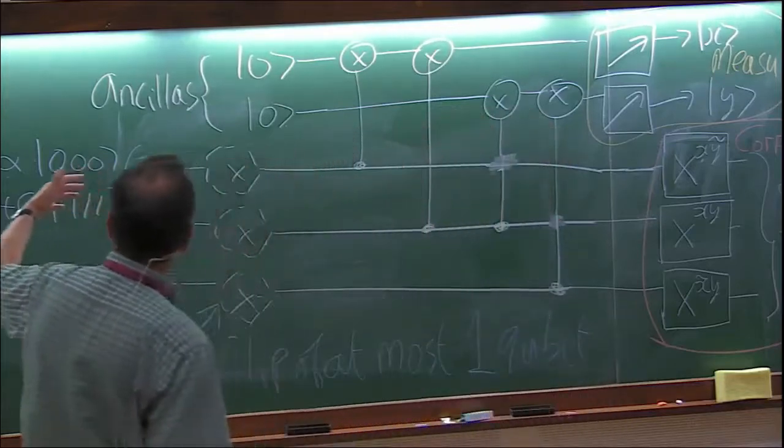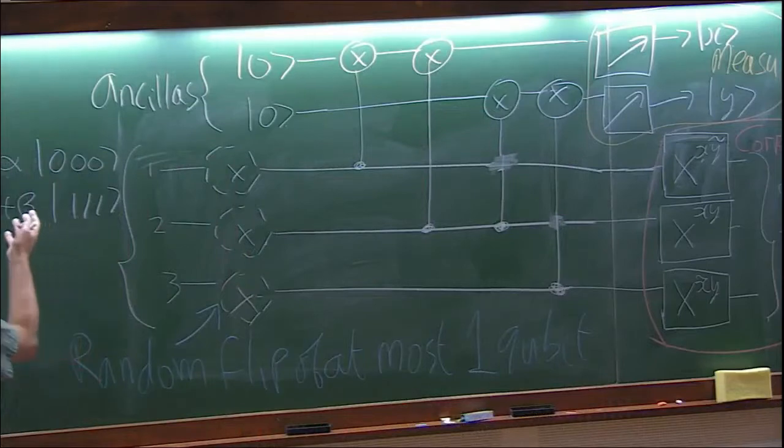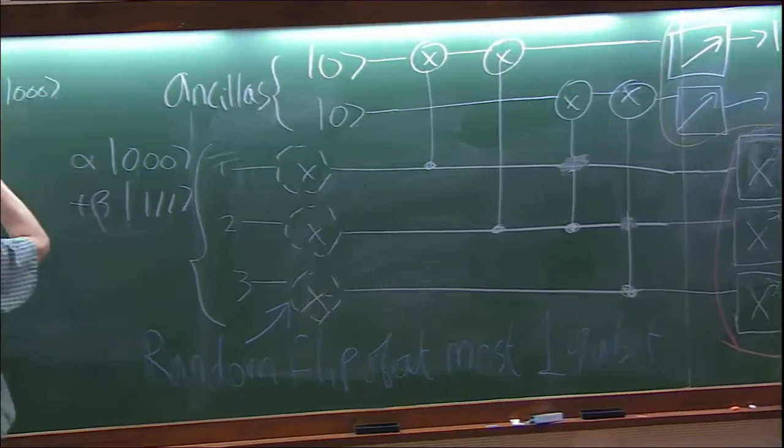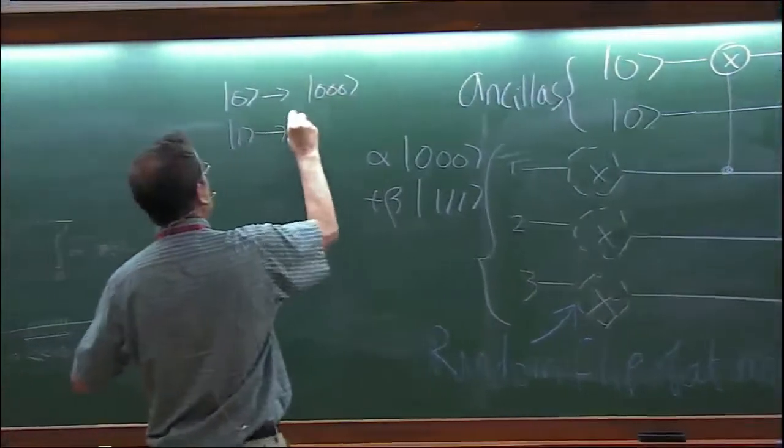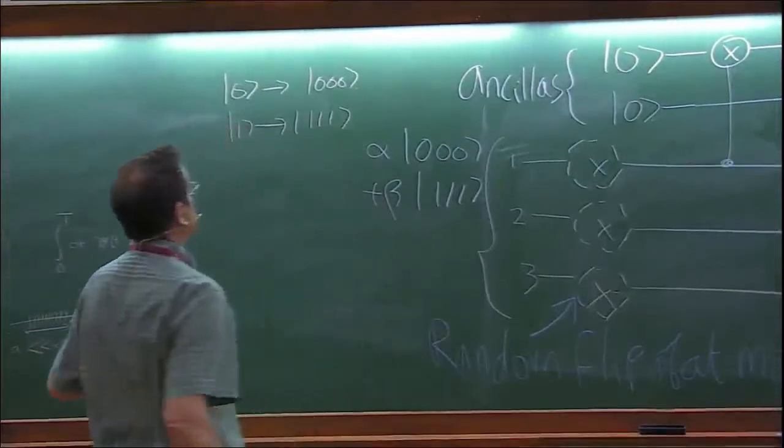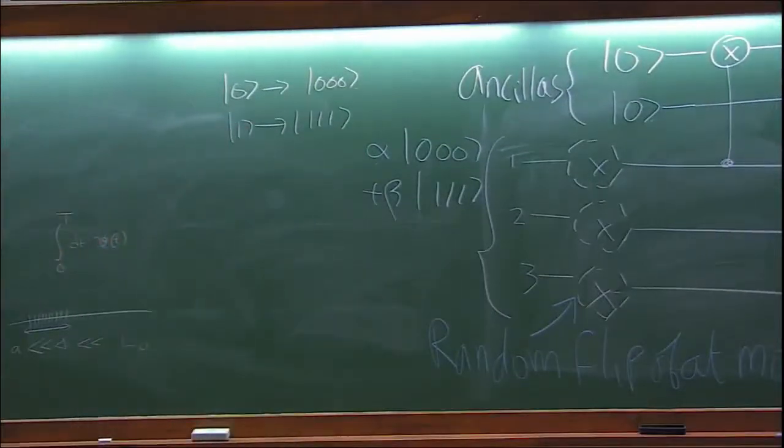So, by analogy with what was done classically, the state 0 will be encoded in 3 qubits, 0, 0, 0, and the state 1 will be encoded in 3 qubits, 1, 1, 1, and we're going to see if any of them are flipped.